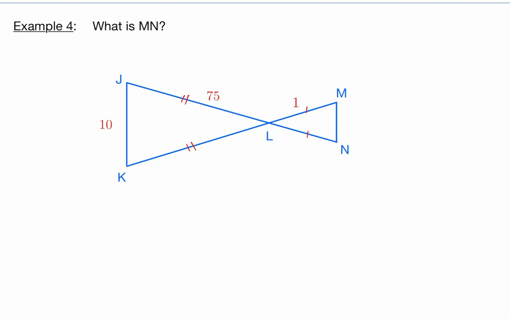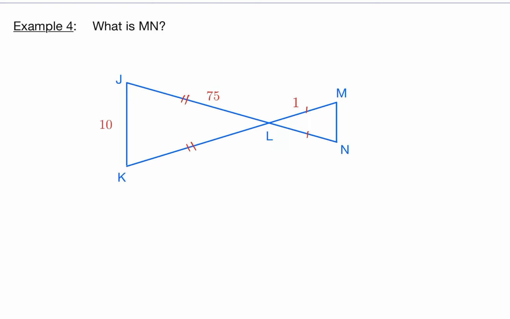And the question here is, what is the length of MN? Well, before we can determine that, we have to figure out if triangle JKL is similar to triangle LMN.